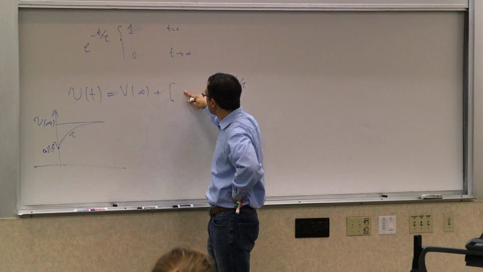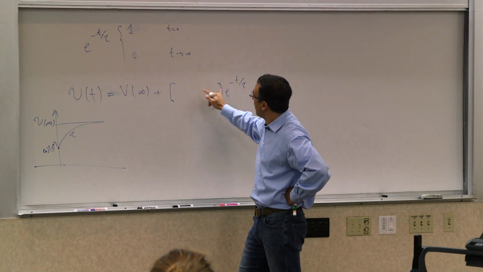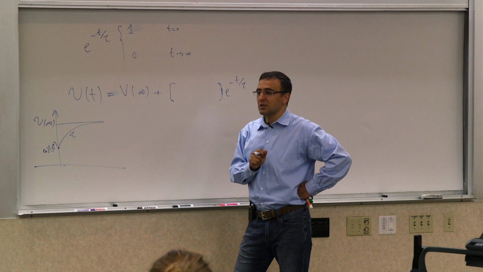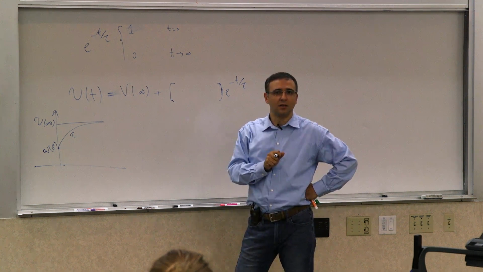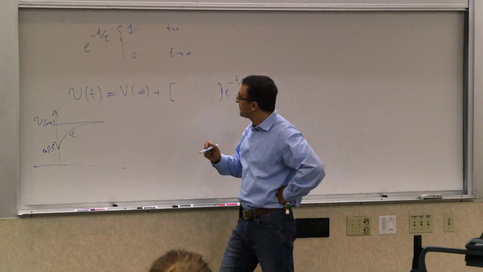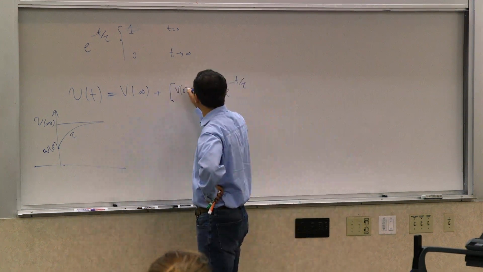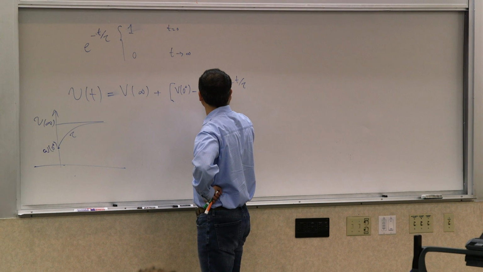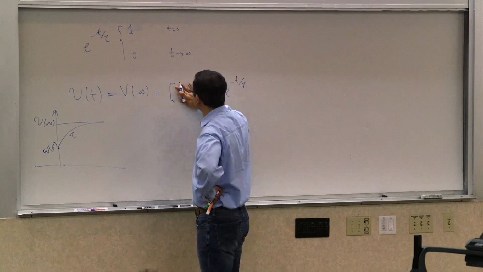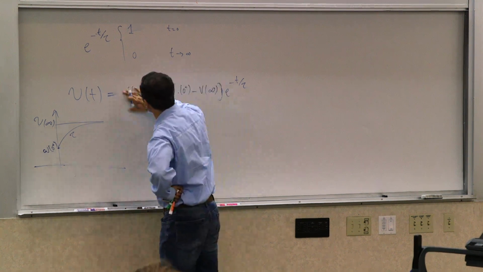What should I make this so at t equals 0, this whole function becomes v of 0 plus? v of 0 plus minus v of infinity, right? Did I make these lowercase? Okay, so let's make them lowercase.